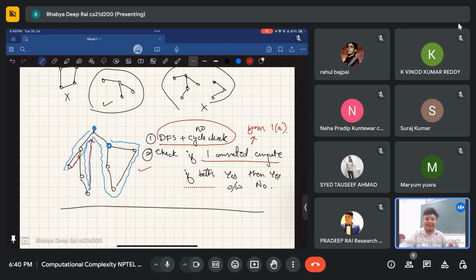Can we make this even simpler? Can we check for cycles without doing a DFS? This we are allowing, this we are allowing. I want to do it without using DFS. Is there a simple technique?